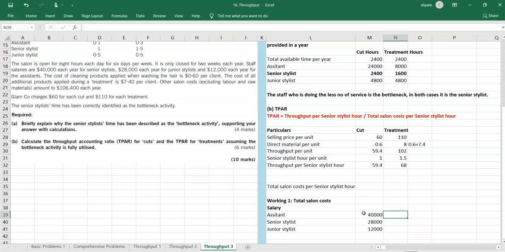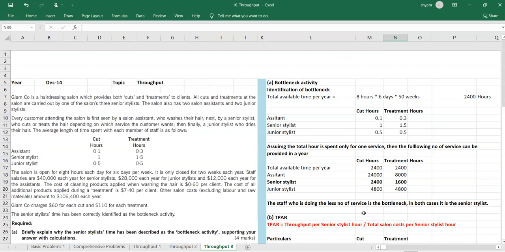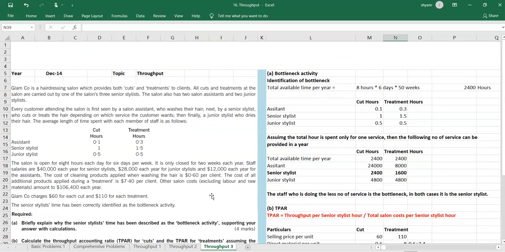How many of them are there? The salon has two assistants and two juniors, but it has three seniors. Three seniors are there.